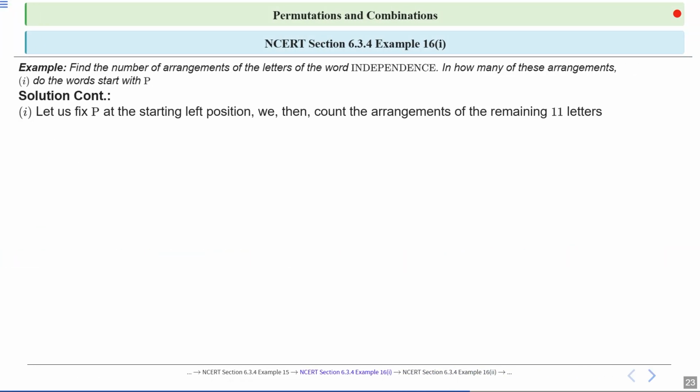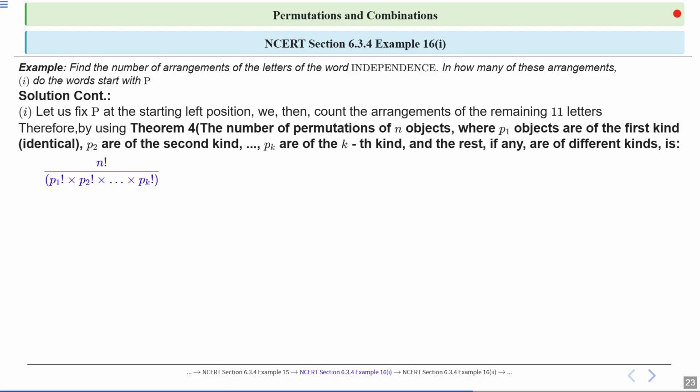Let us fix P at the starting left position. Then we count the arrangement of the remaining 11 letters. So therefore, by using theorem 4, the number of permutations of n objects where p1 objects are of the first kind, p2 are of the second kind, and pk are of the kth kind, and the rest are of different kinds, is basically n factorial upon p1 factorial into p2 factorial into dot dot dot pk factorial.